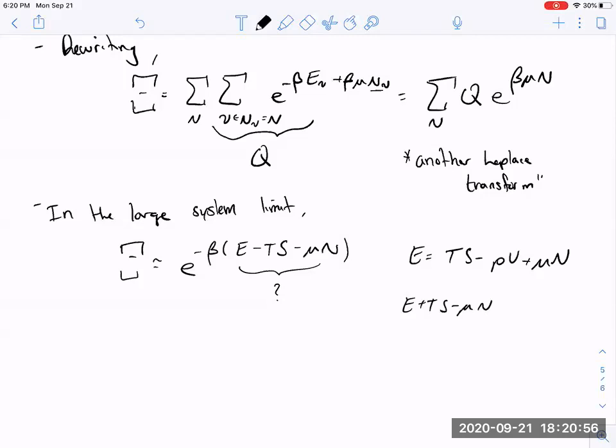Sorry. Minus Ts is equal to minus PV. Hey, that's exactly what we have in that exponential. This is this, which means that this partition function must give us information on beta PV.